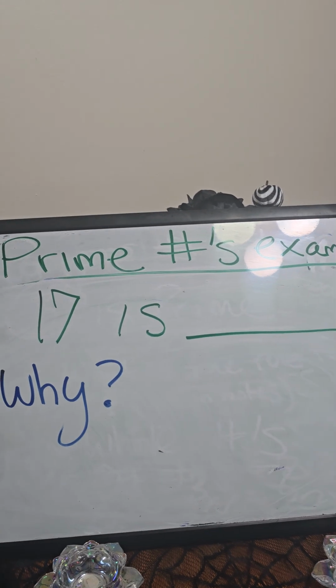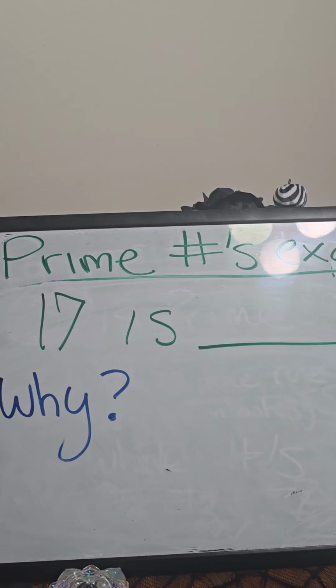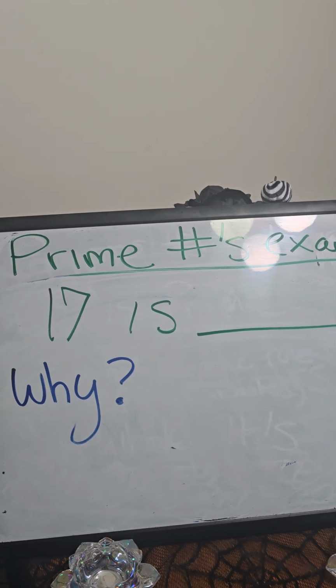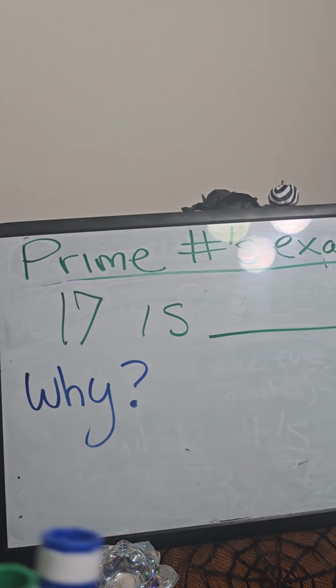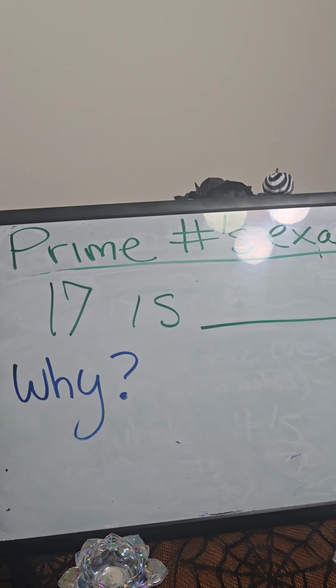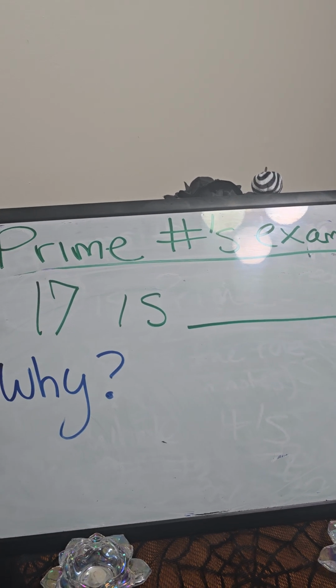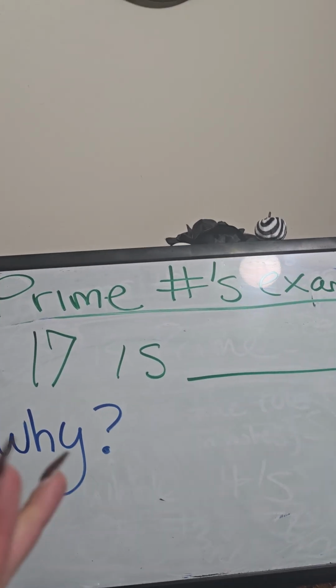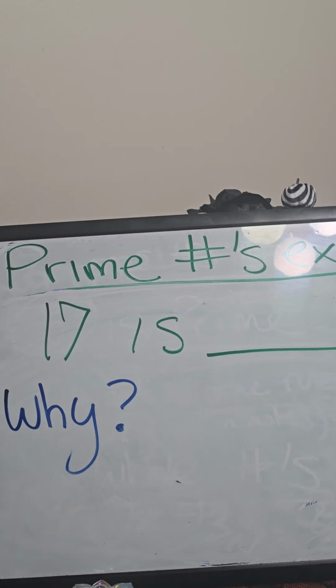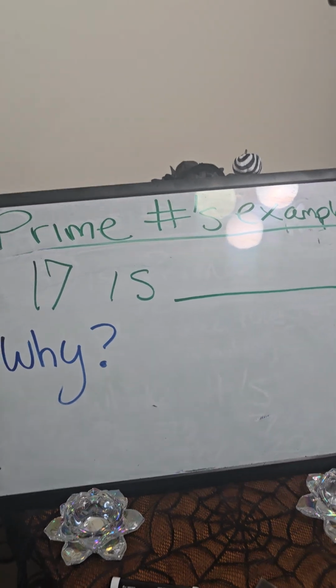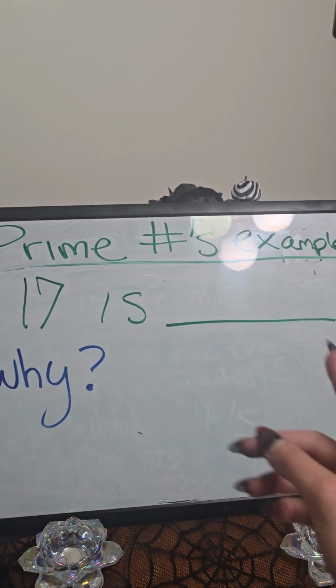It follows one rule. So what's our other rule for prime numbers? Is that it can only be multiplied or divided by 1 or itself. So its only factors are 1 and 17, or 1 and themselves, right? That's our rules.